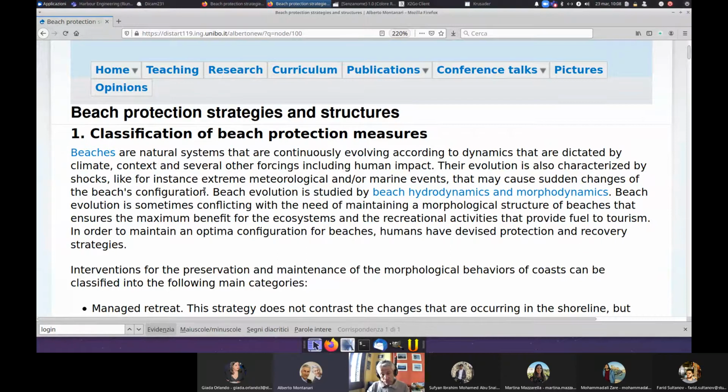And what is extremely important for designing these protections, again, protection of beaches, protection of harbors, is the interaction that these structures have with waves.